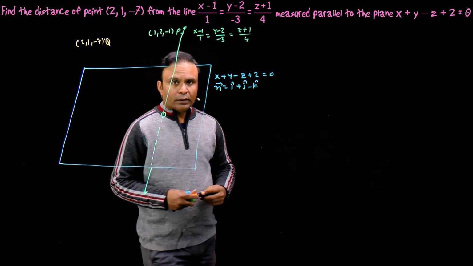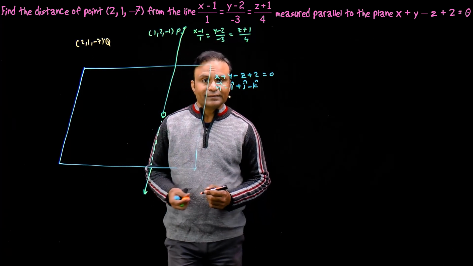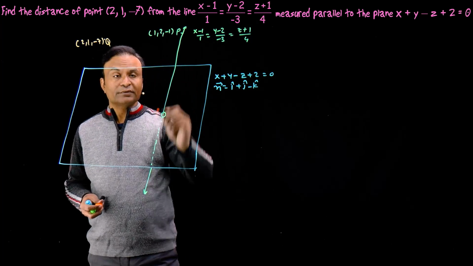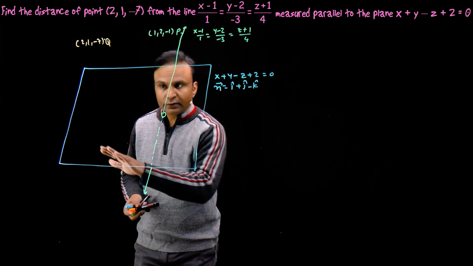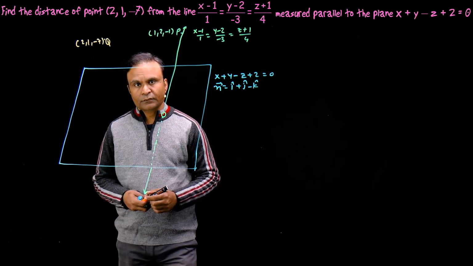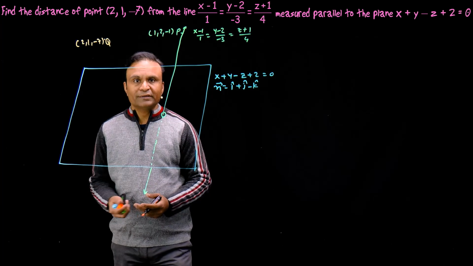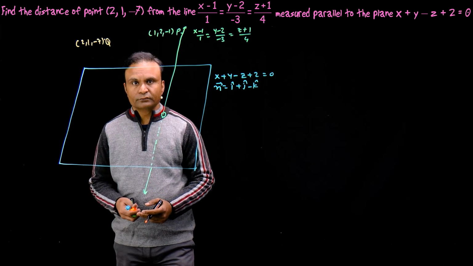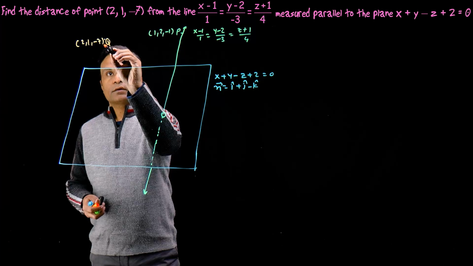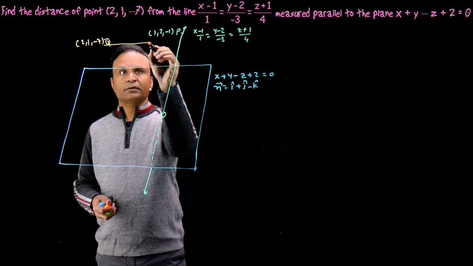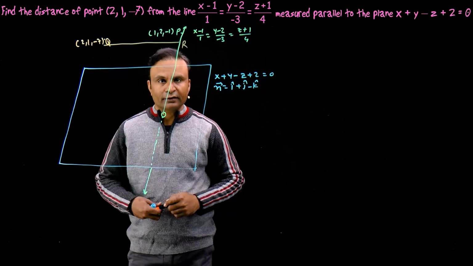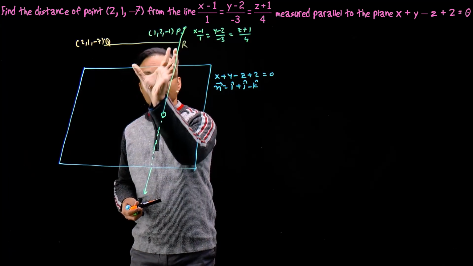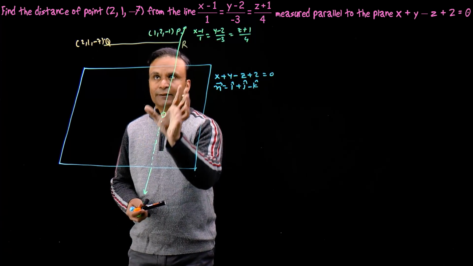Okay. Now we have to get distance of this point Q from this line, but which is measured parallel to this plane. So how can we draw this distance? It is this distance. Suppose this point is R. Now how this distance QR is drawn?